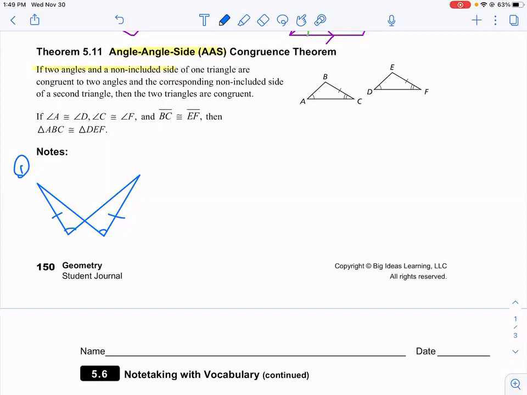What is something that I can add to this picture that we know?